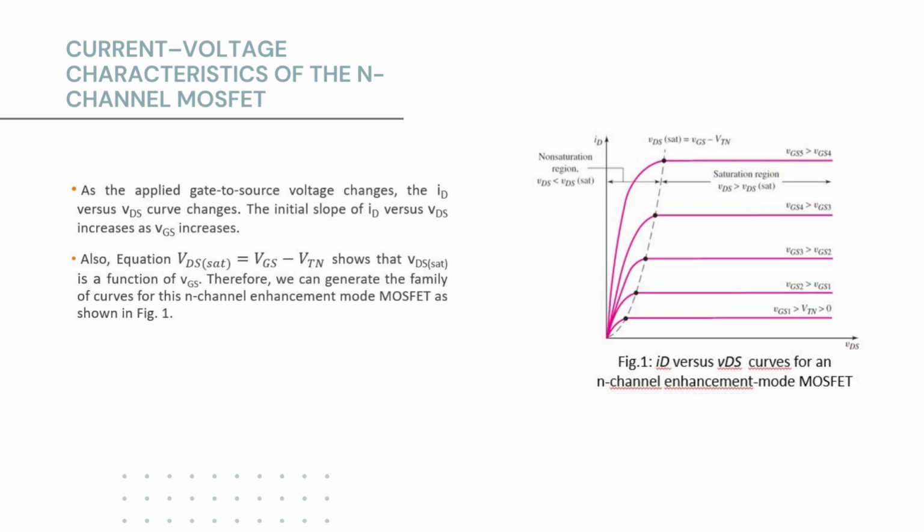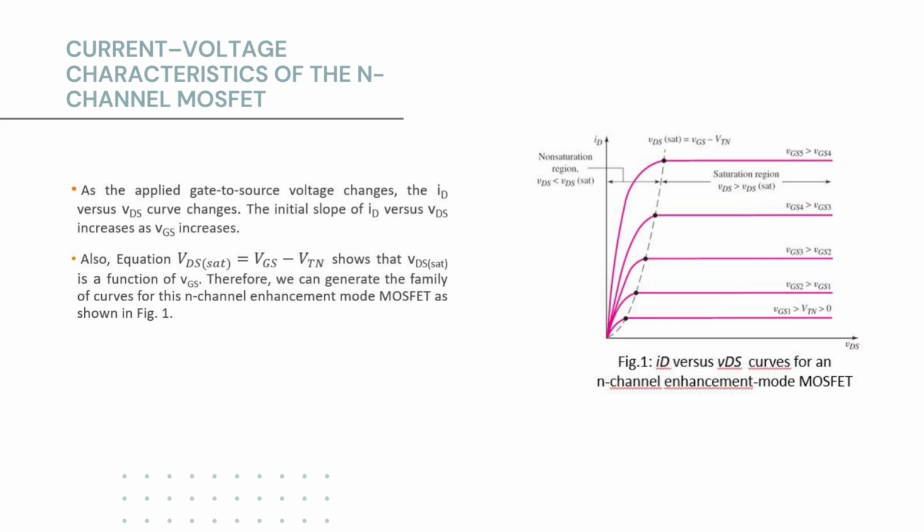So, when we apply gate to source voltage to the device, the drain current increases in the ID versus VDS characteristics. Initially, the drain current increases with the gate voltage.